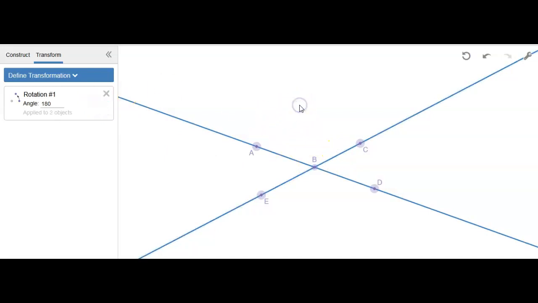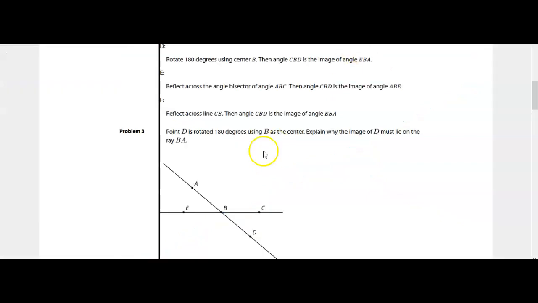You can see it doesn't look like anything really changed, but the lines get a little bit lighter if I redo those. That tells us that when I rotated this 180 degrees, it went onto itself, and when I rotated this one, it went onto itself. So these two points switched places and these two points switched places. All of the angles are reversed, and so D would be a correct statement.